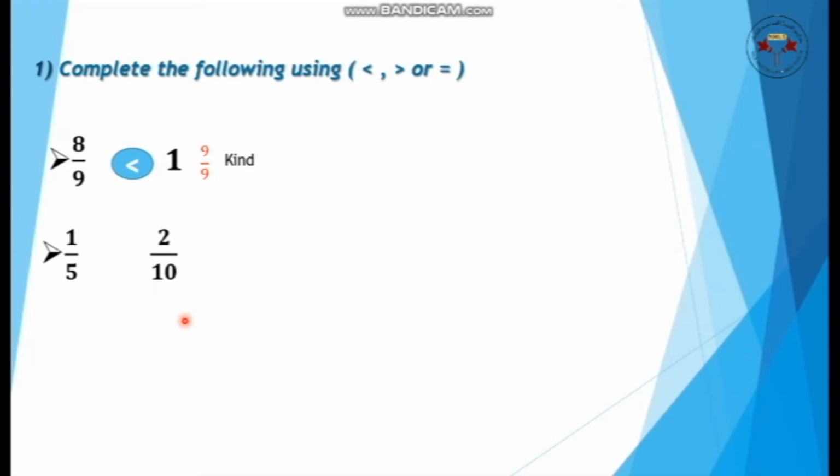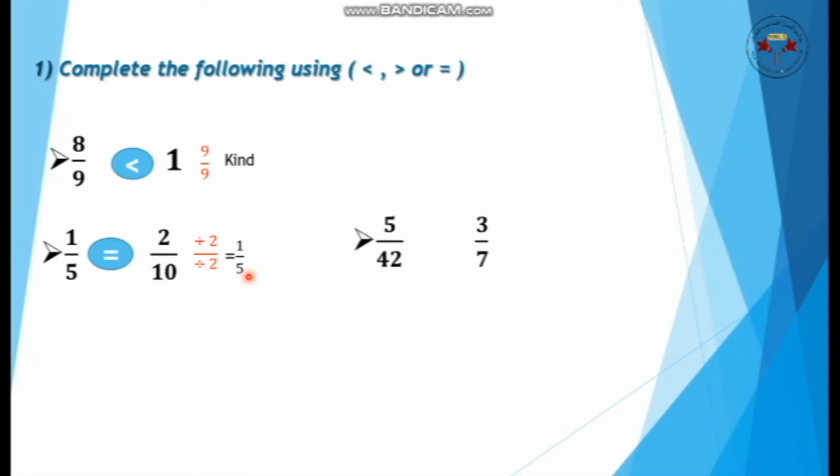So the 5 can be 10 by multiplying, and the 10 can be 5 by dividing. So I will just divide up and down by 2. When I divide up and down by 2, I will figure out 2 divided by 2 equals 1 and 10 divided by 2 equals 5. Now I have 1 over 5 and 1 over 5, and clearly they are equal.